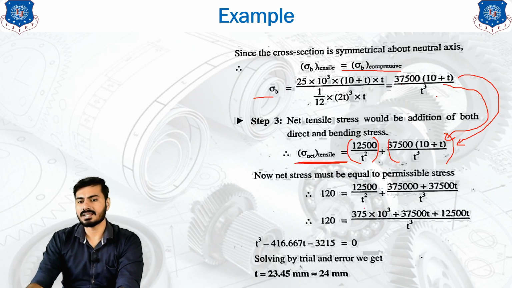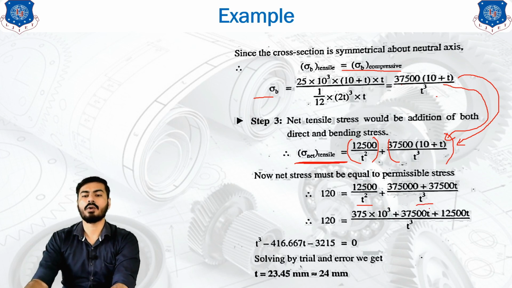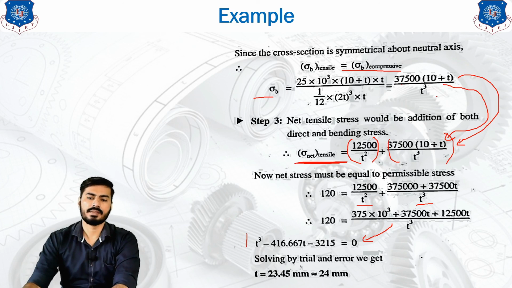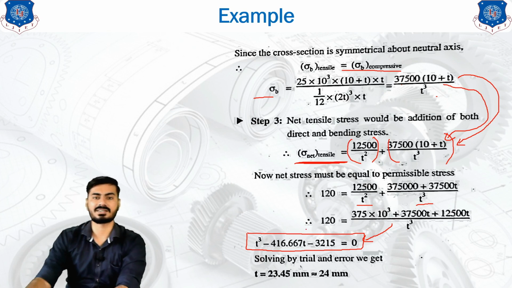Now as you can see, if you simplify this equation, we will get terms in t square and t cube. Then we will have to take the LCM, and by taking the LCM you can simplify this equation into a cubic equation. Now this is our cubic equation, and after solving it you will get the answer for the cross section area.